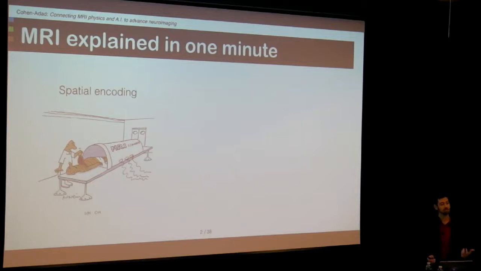It's a non-invasive imaging technique, unlike what we see in this picture. The main idea is that we place a body into a very strong magnet. It could be 3 Tesla, which is usually used in clinics. When we do that, the nuclear spins of the water molecules tend to align with that magnetic field, so in this direction. Another property is that they also rotate with a particular frequency, which is called the Larmor frequency.